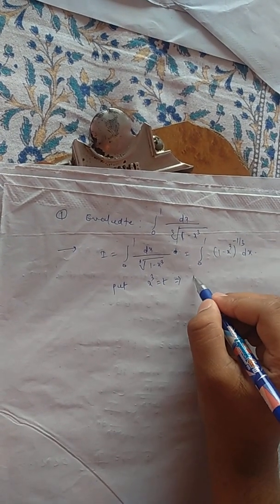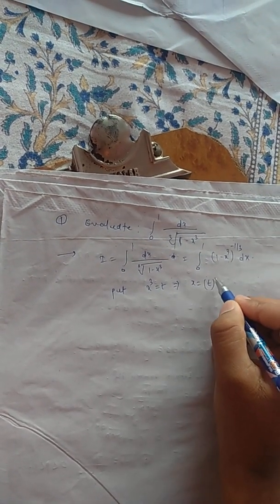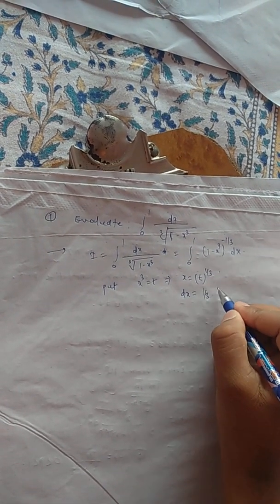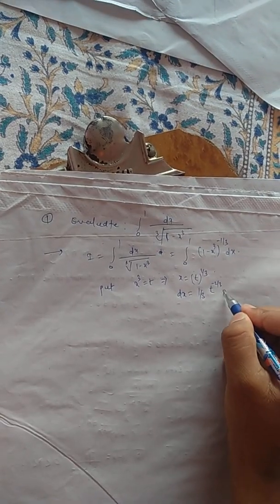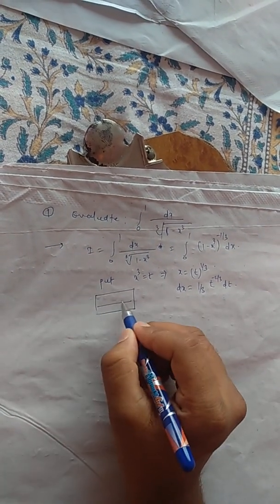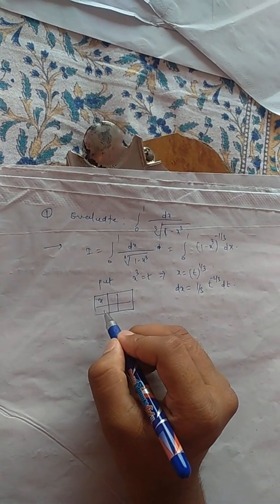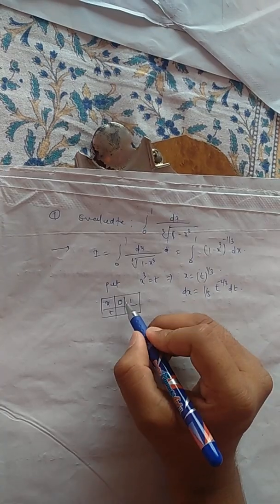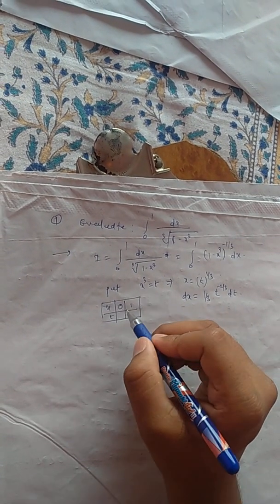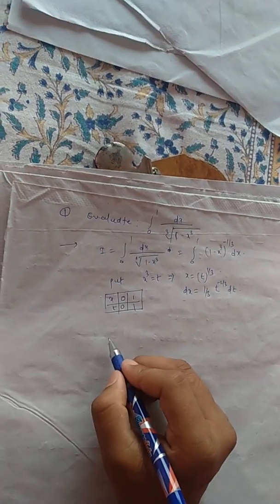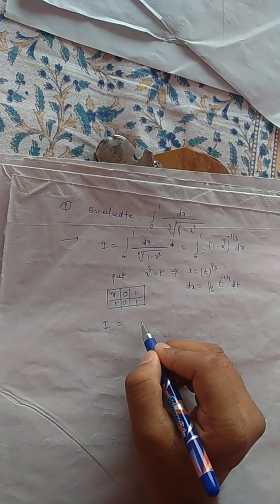From this we write the value of x as t raised to 1 by 3, dx is equal to 1 by 3 t raised to minus 2 by 3 dt, and the limits of the integration become, this is x corresponding to 0 and 1. If I put 0 here, t becomes 0. If I put x is equal to 1, t becomes 1.